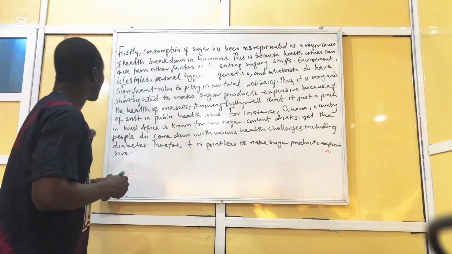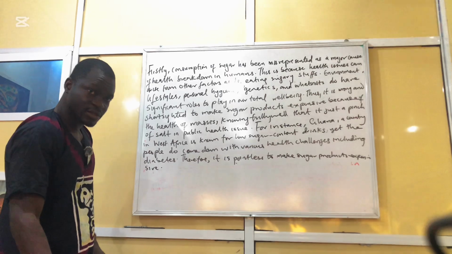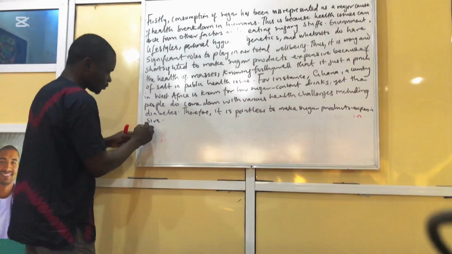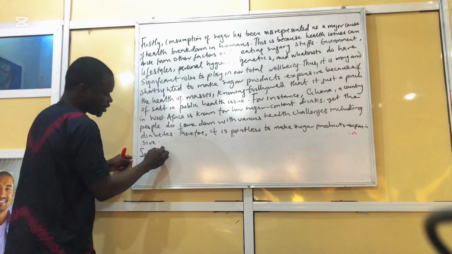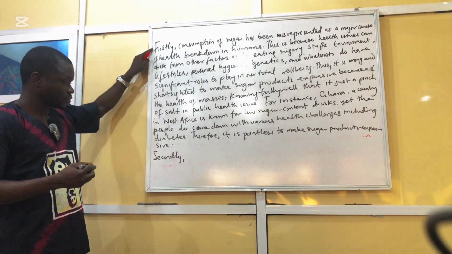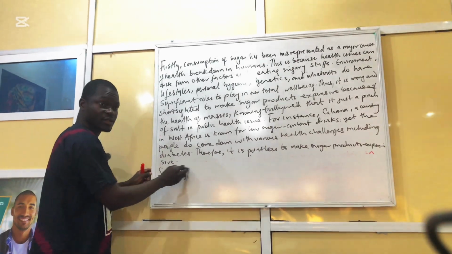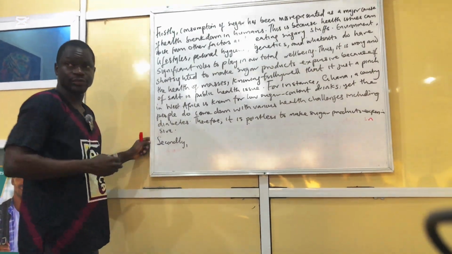For the second point, I'll just say secondly. Do you see? I am using block paragraphing. So in my exam, I will leave a line here, and then start from the margin.